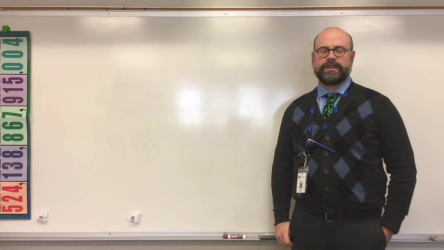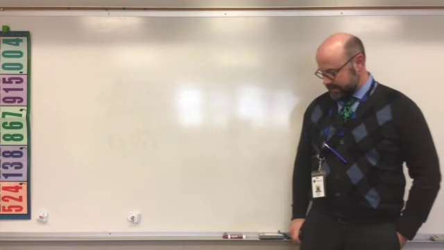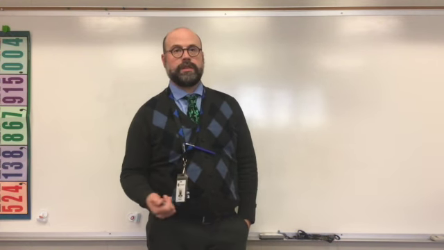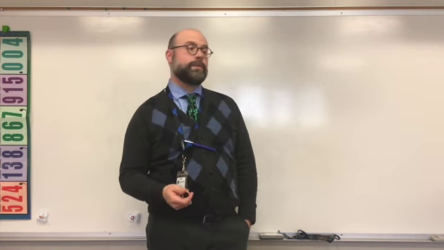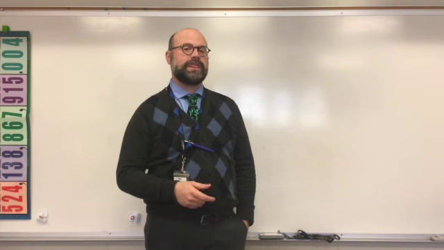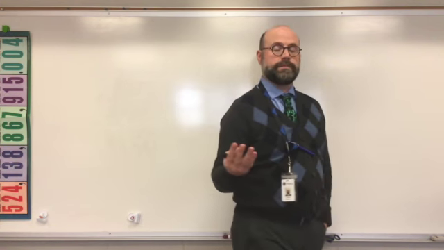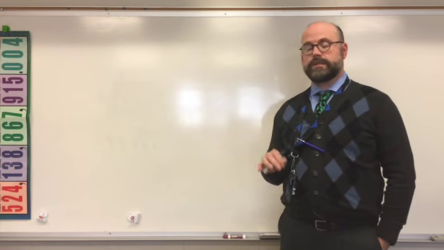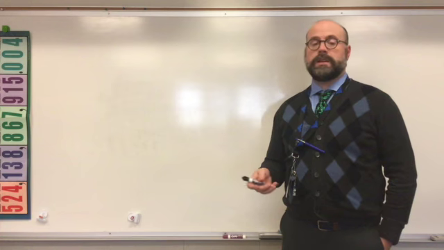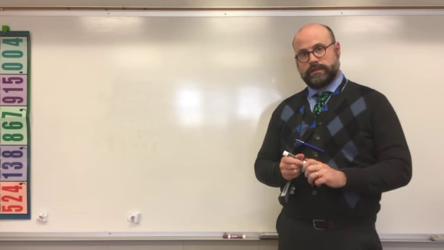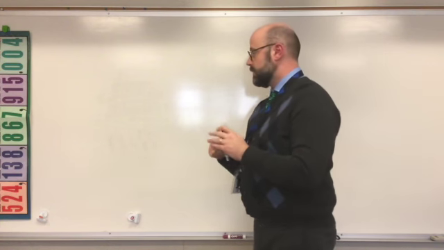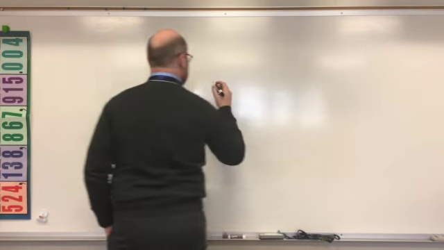Hello, everybody. Okay, guys, this is what I'm going to call the culminating lesson for multiplication. Well, culminating for 3 digits times 1 and 4 digits times 1. By the end of 4th grade, you should be able to easily multiply a 4-digit number by a 1-digit number.